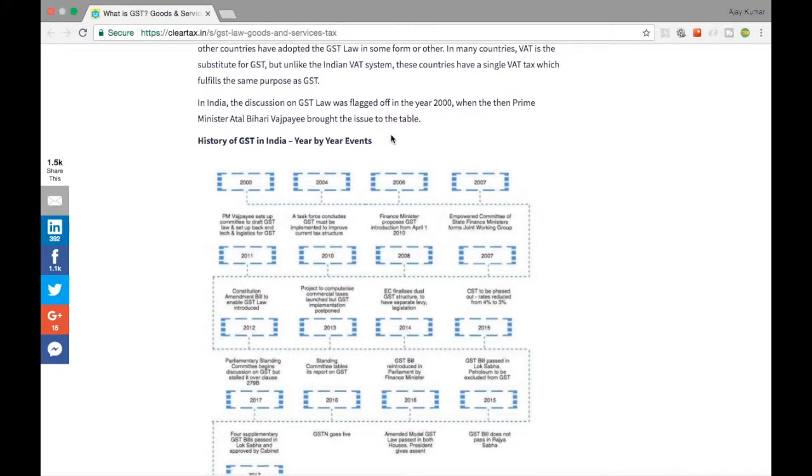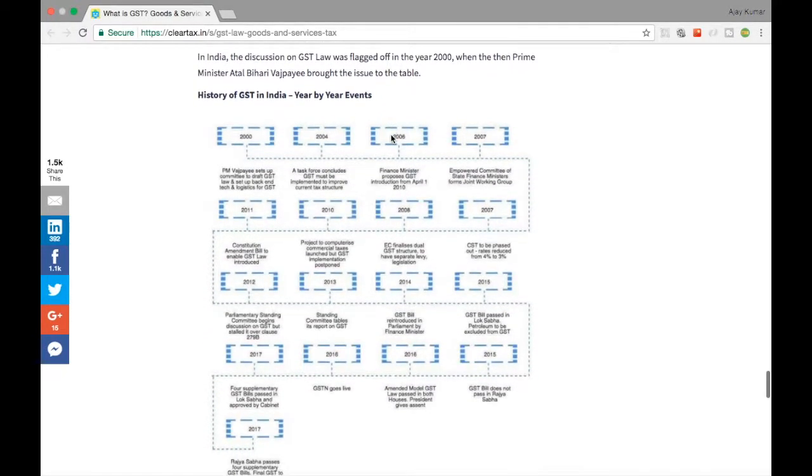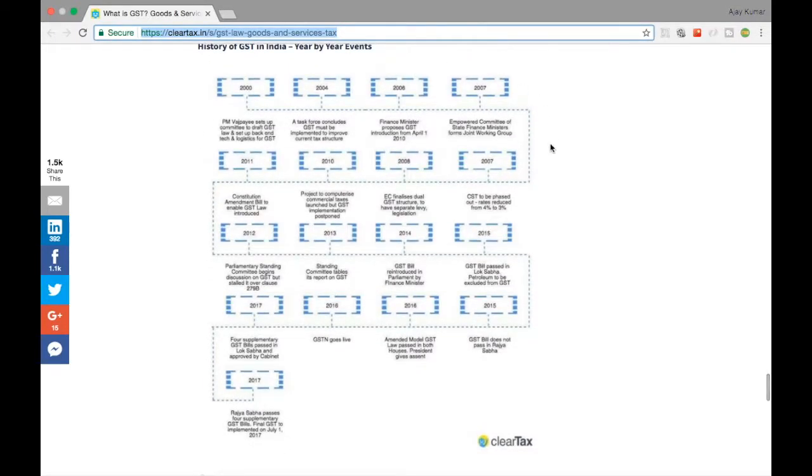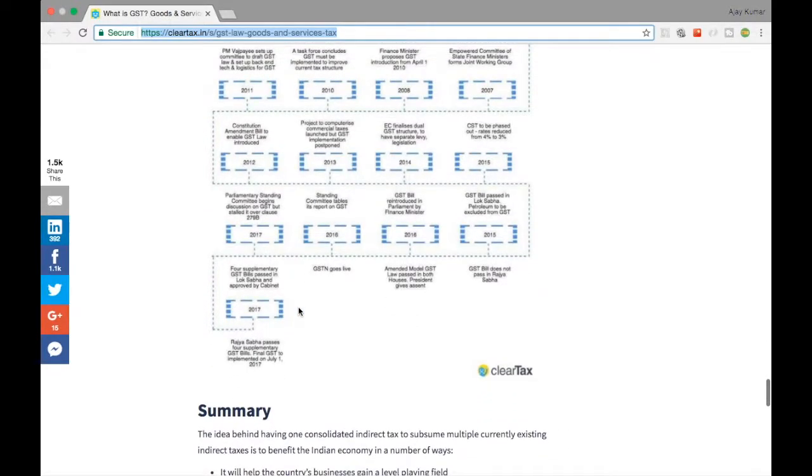As I said earlier, this is the history of GST. If you notice here, GST was initially proposed during the period of Vajpayee. When Vajpayee was the prime minister, that time GST was proposed and started in 2000, and later in 2004, these are the different stages. You can go through this. I will paste this URL in the description below, so you can take an in-depth look at the history. Right now, in 2017 we are live.